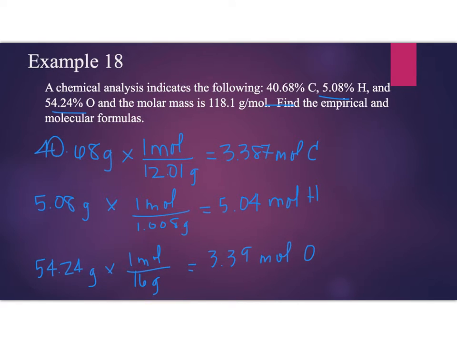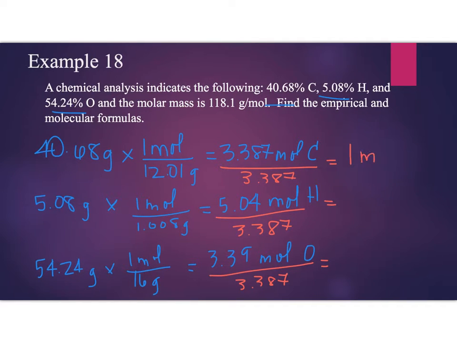Again, when we go to find the empirical formula, we have to divide by the smallest mole quantity, which in this case is 3.387. Once I do that, I get 1 mole of carbon. This gives me 1.49, so I'm just going to put 1.5 moles of hydrogen.